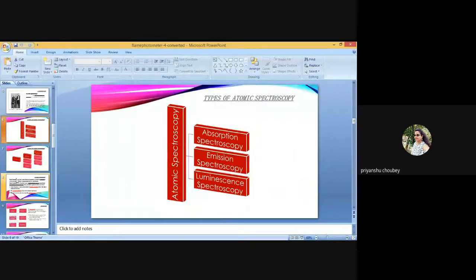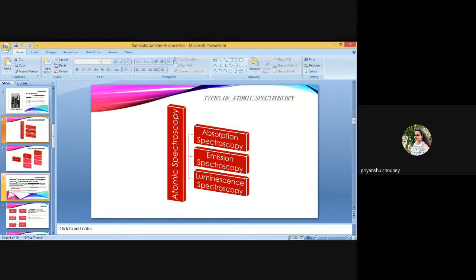Principle: in the analysis employing atomic absorption spectrometer, AAS, the sample in the form of a homogeneous liquid is aspirated into a flame where free atoms of the element to be analyzed are created.